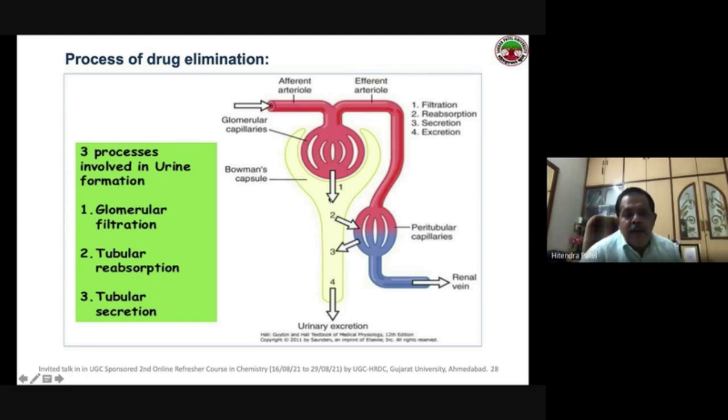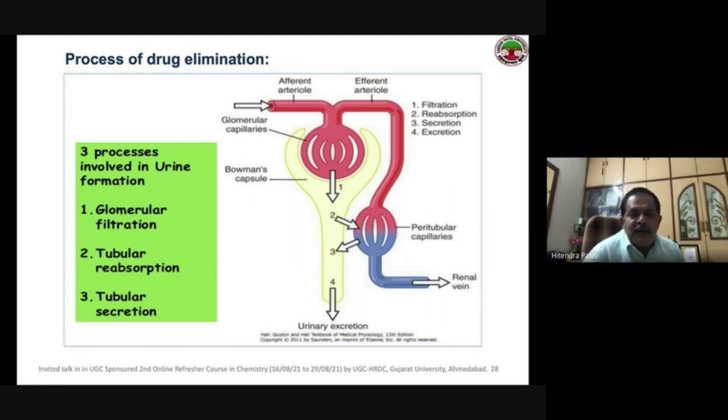Another part is the peritubular capillaries, and the renal veins as well as the urinary excretion. Once drug distribution and drug metabolism are completed, the other fragments pass through the afferent arterioles.